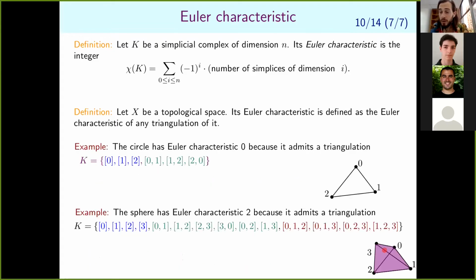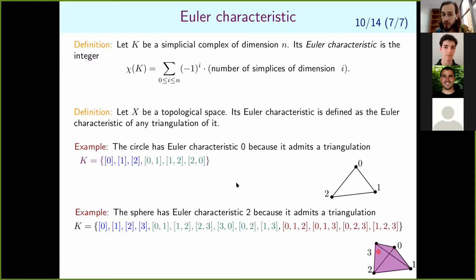Okay, now we can talk about Euler characteristics of topological spaces. For instance, the Euler characteristic of the circle is 0 because this simplicial complex is a triangulation of the circle. The Euler characteristic of the sphere is 2.